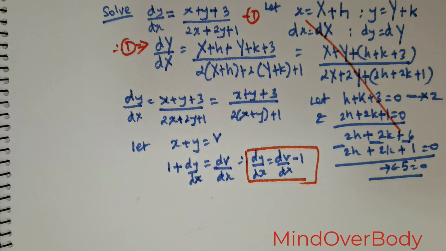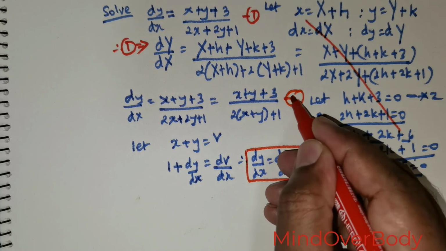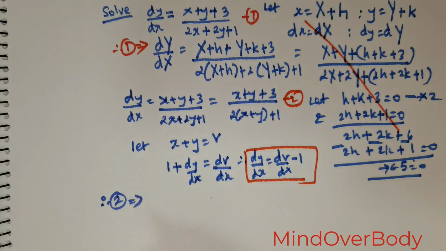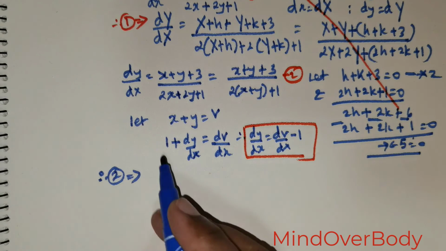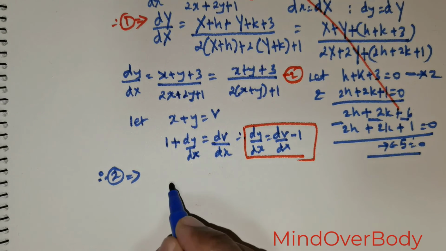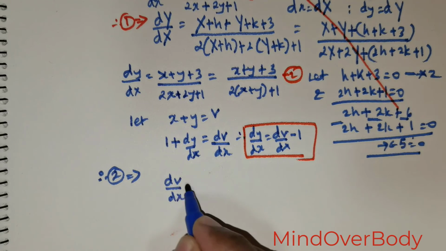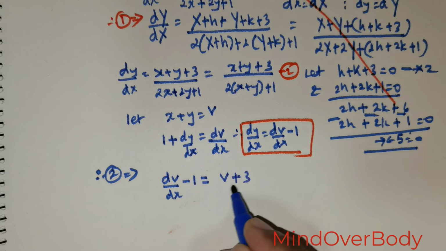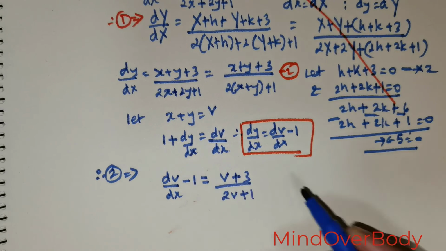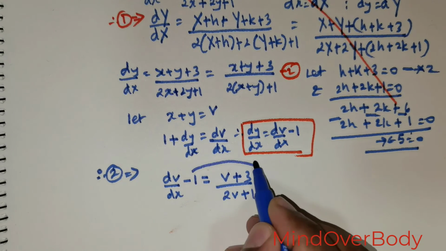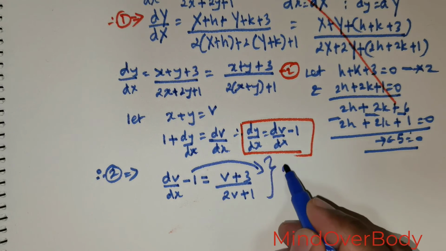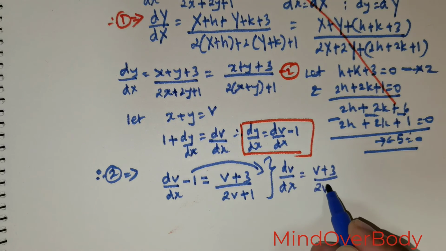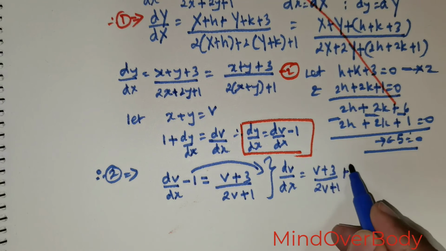So if I were to take this as 2, therefore I can rewrite 2 as, in place of dy/dx, I'm going to use dv/dx - 1 is equal to, in place of x + y, v + 3 divided by 2 times (v + 1). Now I can move this negative 1, so that would give me dv/dx is equal to (v + 3)/(2(v + 1)) + 1.